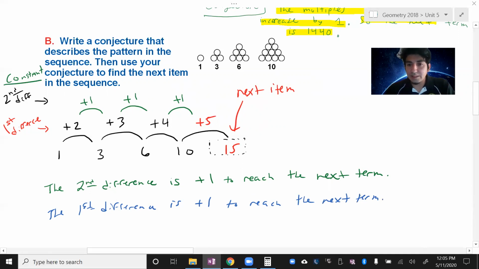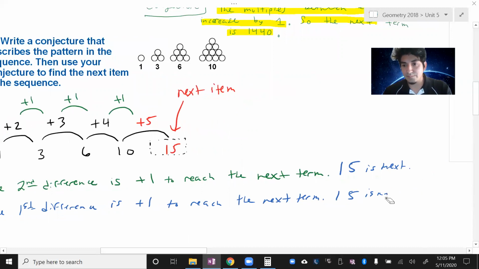Okay. So then I'll have 15. 15 is next. This is where I'm saying you have to be able to write the next term.